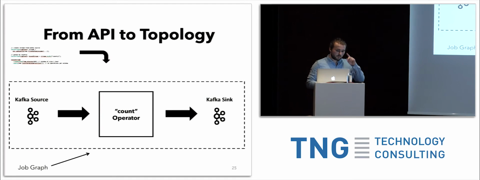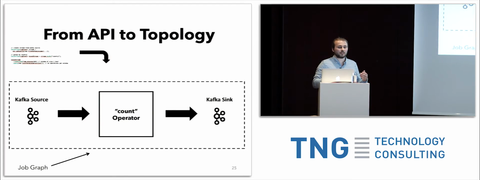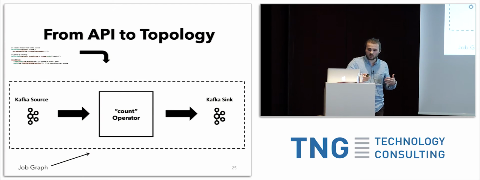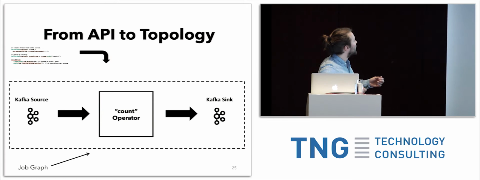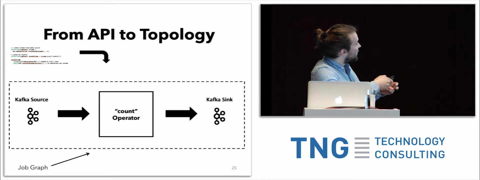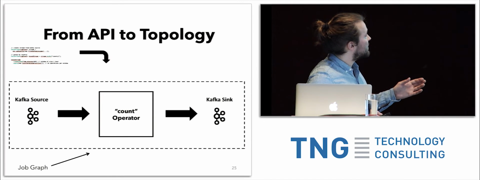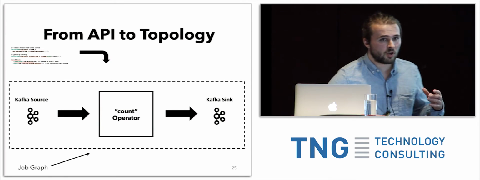For executing this on the cluster, there are several steps that such a program has to go through. So up here, we have our little API program. What Flink then does from this is it creates what we call a job graph.